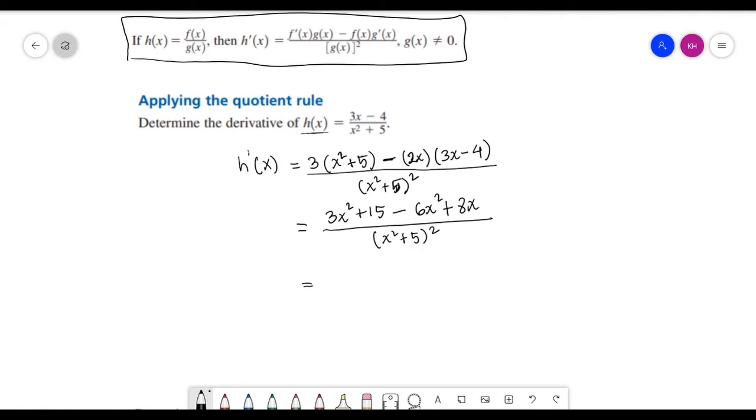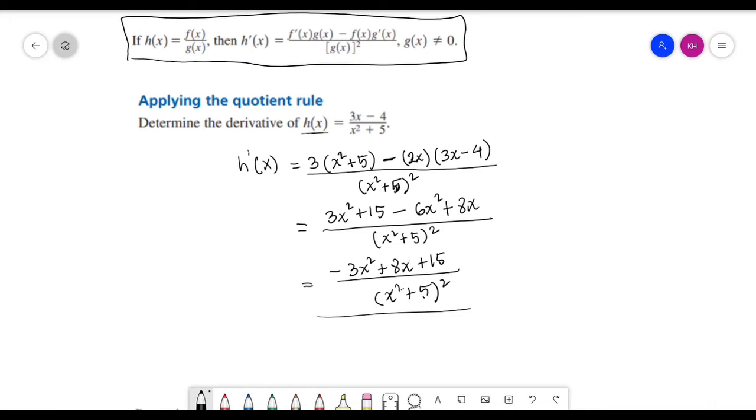It's going to be negative 3x squared plus 8x plus 15 divided by x squared plus 5 whole square. Now you can't simplify it further, so we're going to keep it to that.